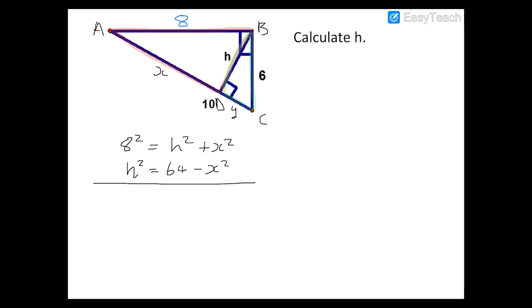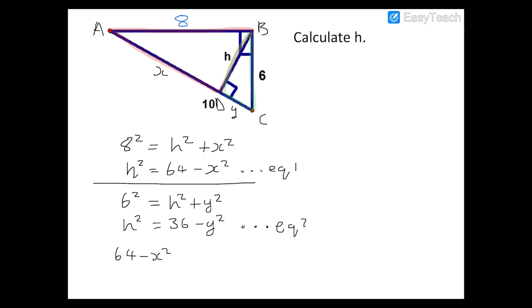And from the green triangle, I get 6 squared is equal to h squared plus y squared, which if I solve for h squared, I get 36 minus y squared. Now I will equate equation 1 and equation 2 because they are both equal to h squared, and I get 64 minus x squared is equal to 36 minus y squared.